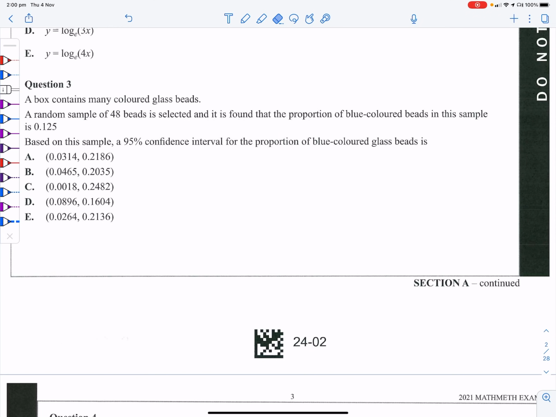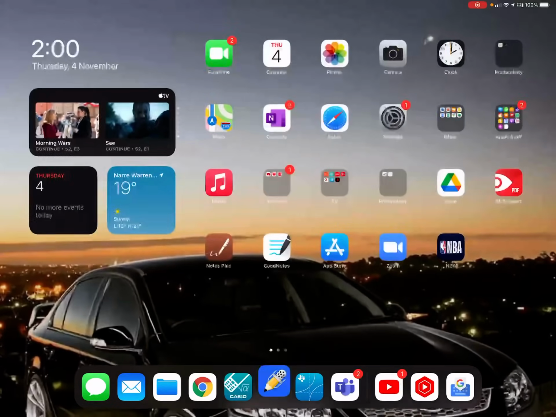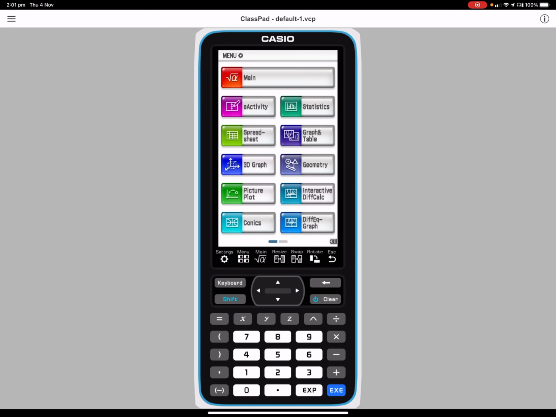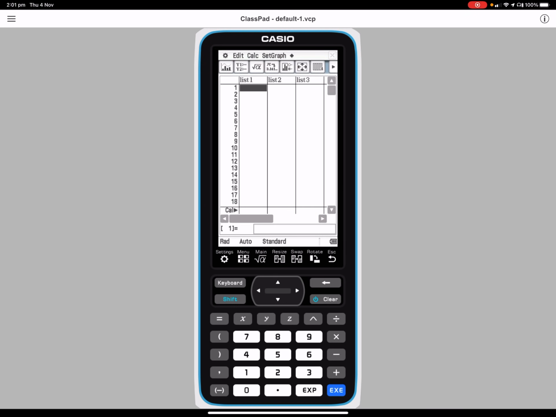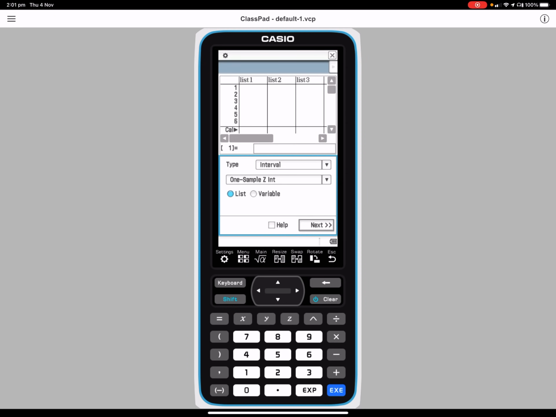Okay, a box contains many colored glass beads. A random sample of 48 beads is selected and found the proportion of blue colored beads in the sample is 0.125. So if we do 0.125 times 48, there's 6 out of 48 that contain whatever it was that they wanted. We want to do a 1 prop z.